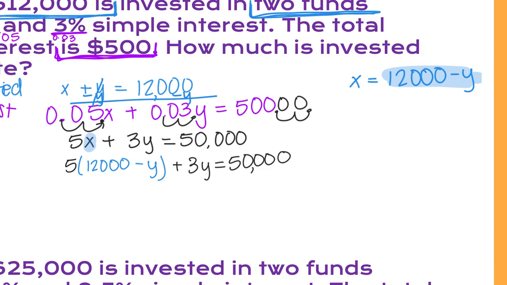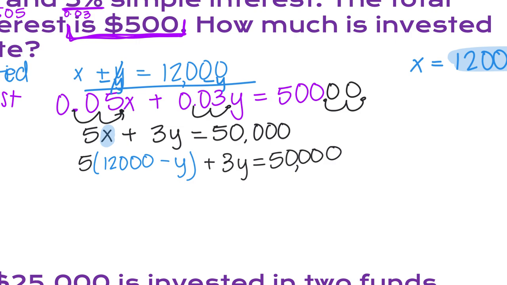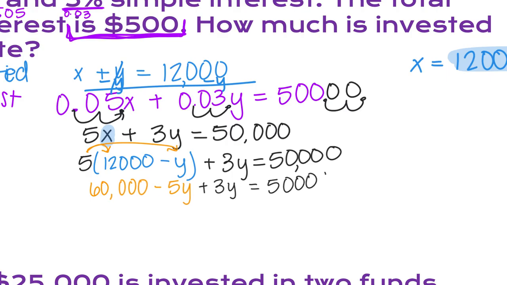So what should I do first here? I'm going to distribute my 5. Using my arrows, just showing you where I'm distributing. 5 times 12 is 60, and then add those 3 zeros. So I have 60,000 minus 5y, and I still have plus 3y equals 50,000.